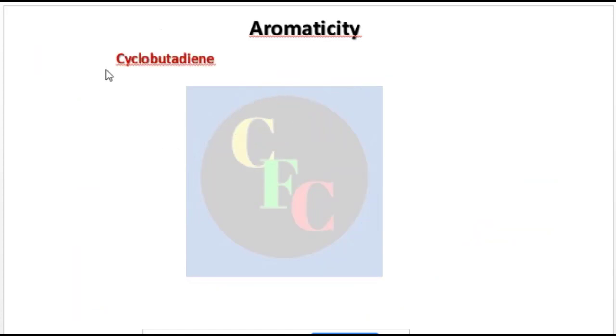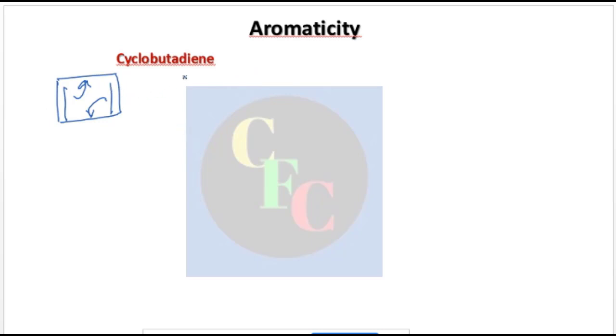Now the next one is cyclobutadiene, right? Suppose this is cyclobutadiene. So you can think of drawing the resonating structures similar to benzene, fine. So you put one bond here, another bond here. You can think of drawing it, but actually it does not happen. Why does it not happen?